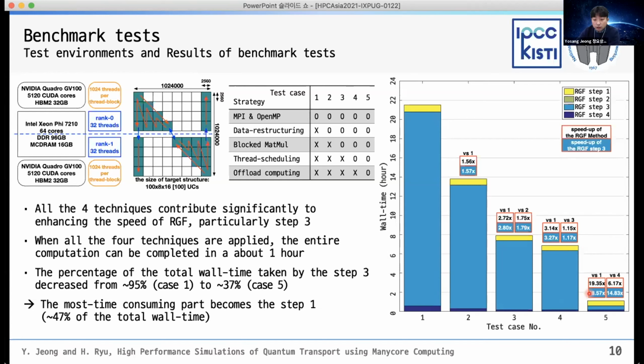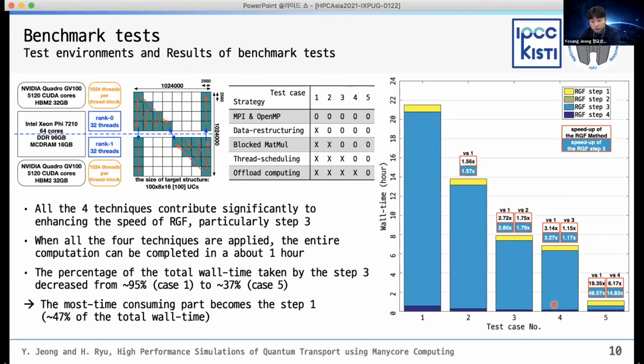And finally, in case 5, where the computation load of step 3 is offloaded to the GPU device, we observed the largest performance gain, such that the total execution time is reduced by a factor of 6.17 compared to case 4.